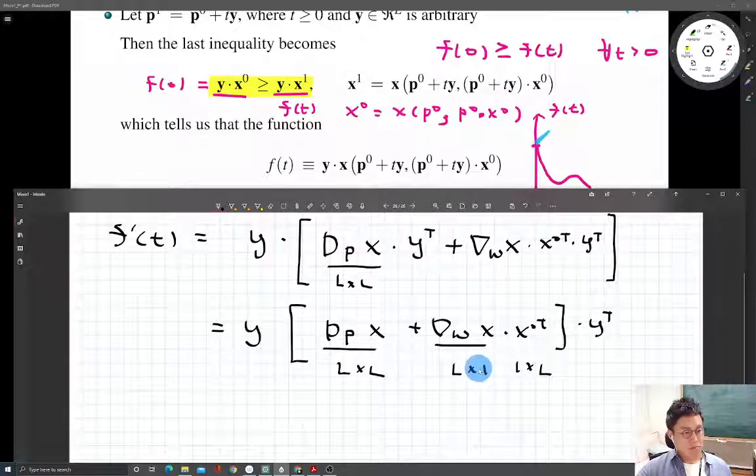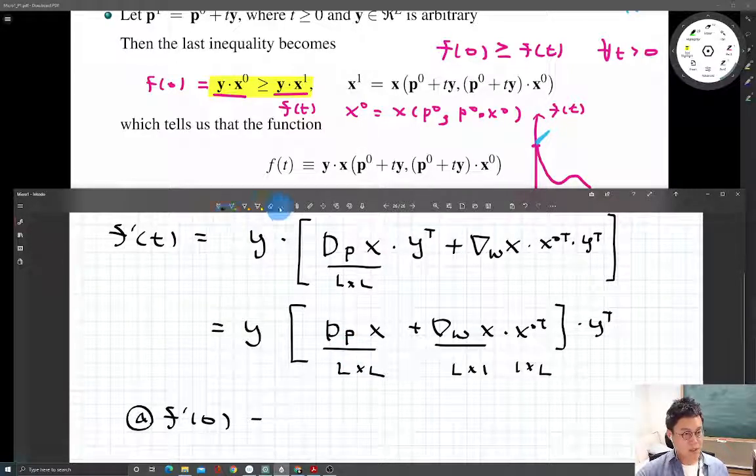Okay, and then we evaluate this derivative at 0. Then x becomes x0. Okay. So when t is equal to 0, x becomes x0.